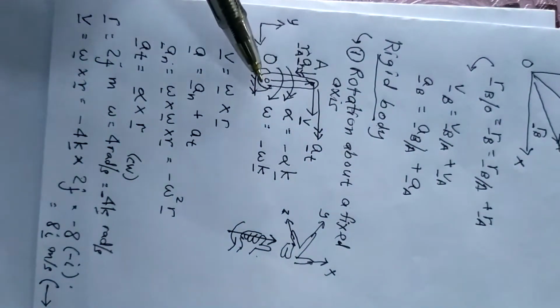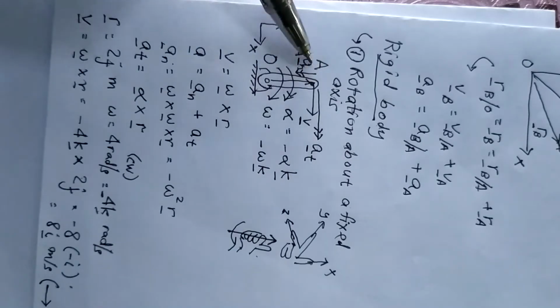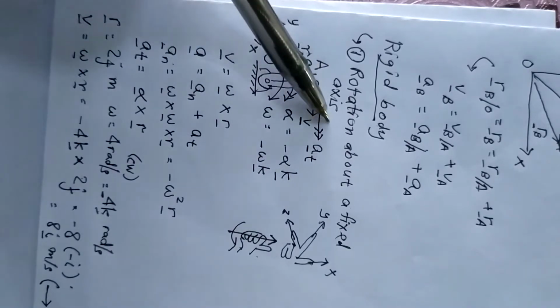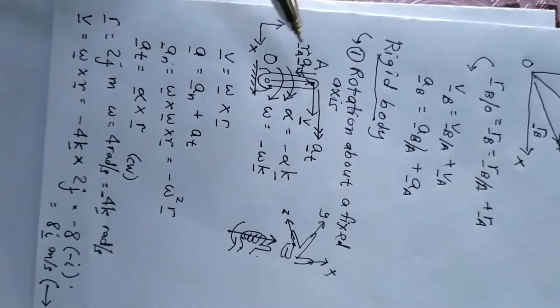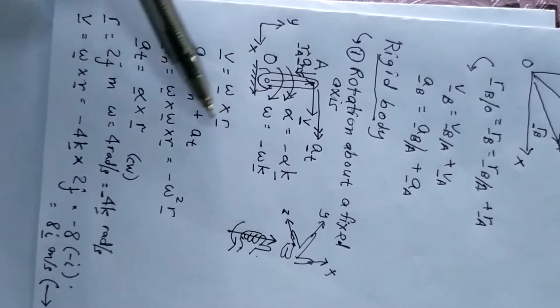From there we calculated the velocity of A and the acceleration of A, the tangential acceleration and also the normal component of the acceleration, using this relationship.